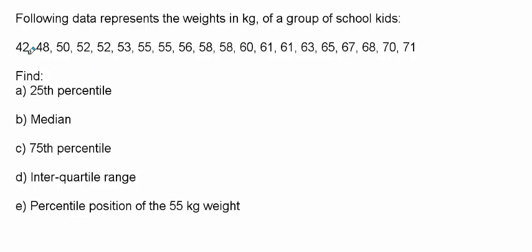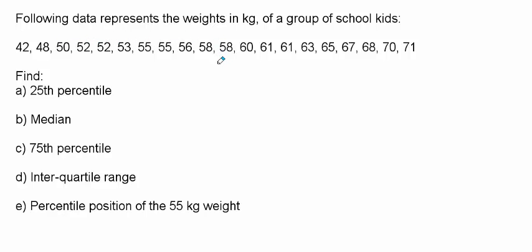So over here we have 1, 2, 3, 4, 5, 6, 7, 8, 9, 10, 11, 12, 13, 14, 15, 16, 17, 18, 19, 20. 20 numbers, which means the median is going to be the mean or the average of the 10th and the 11th numbers. So 1, 2, 3, 4, 5, 6, 7, 8, 9, 10.